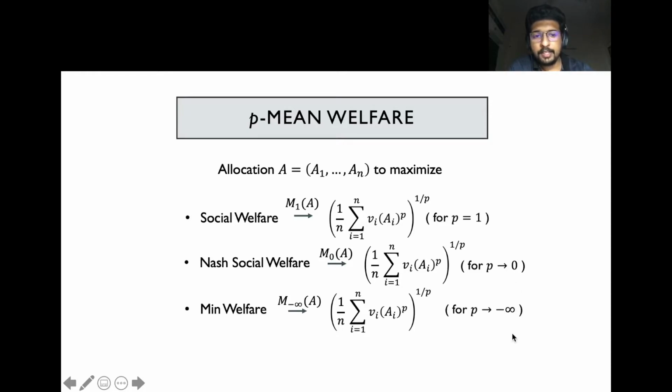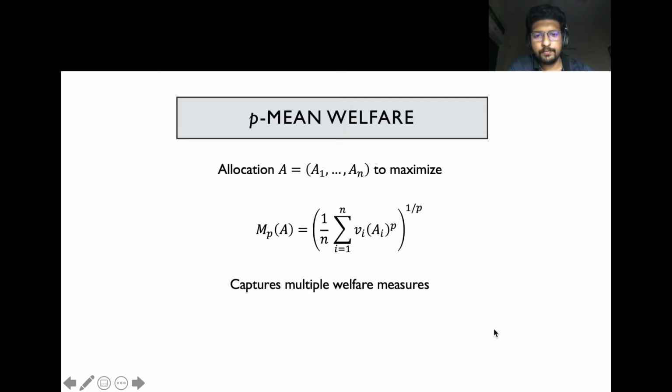Likewise, taking the limit at negative infinity for the modified function again would get us the min welfare function. So, to generalize, the key takeaway from the previous slide is that we can capture a range of welfare functions using the p-mean welfare where p is a parameter. P can take any real value but is only relevant as a welfare measure for p less than or equal to 1.